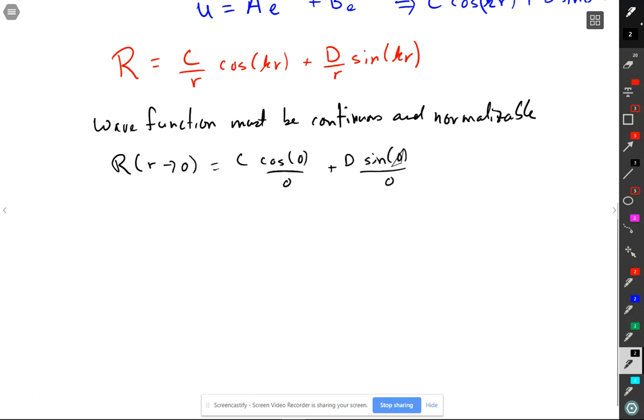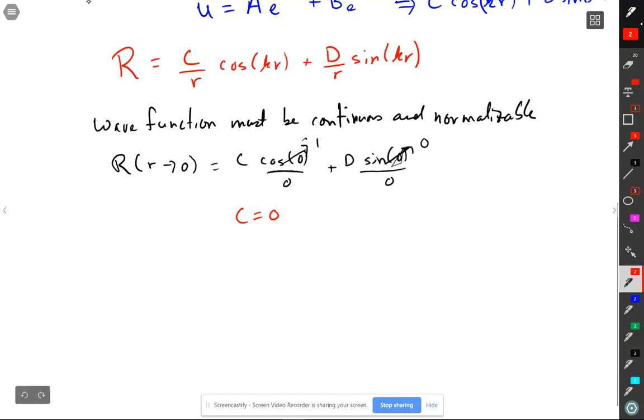So if we look at this, what is cosine of 0? What is sine of 0? So if I have c times 1 over 0, what is that equal to? Infinity or undefined. So the only way that I can use this is c must be equal to 0, or else I'm going to have something that is not normalizable.